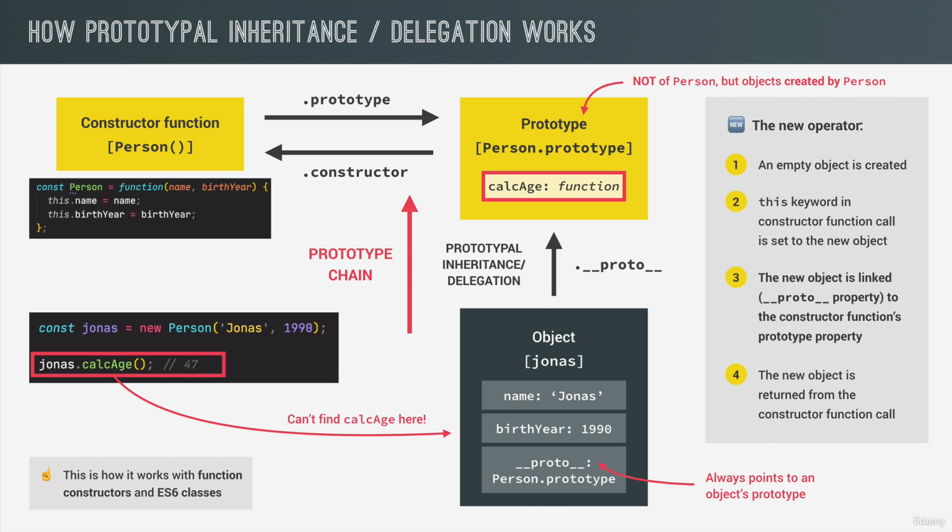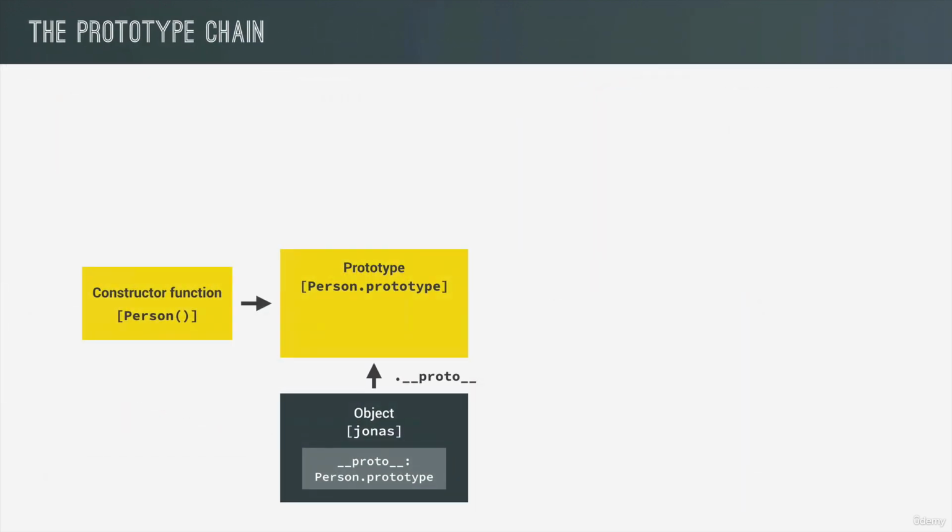So let's understand the prototype chain a bit better by zooming out and looking at the whole picture. So here is the diagram that we already had with the Person function constructor and its prototype property, and the jonas object linked to its prototype via the __proto__ property.